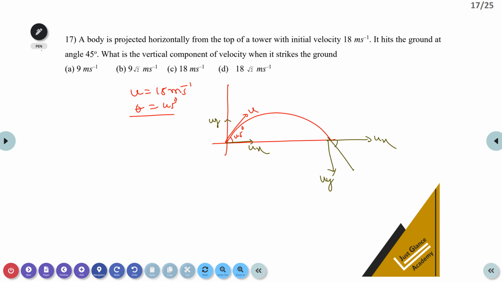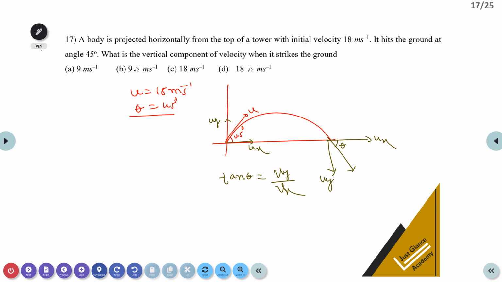This angle is theta, so this is the resultant velocity. From the geometry, we know that tan theta equal to y component, uy or vy, divided by vx.